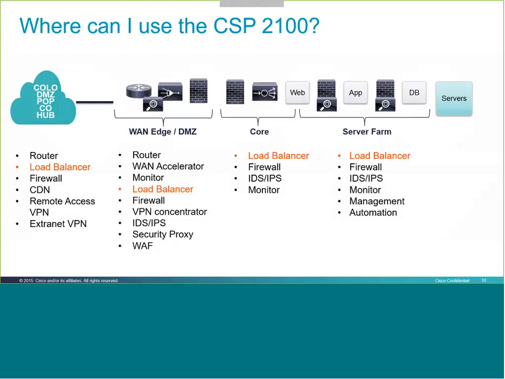The DMZ may also be at the WAN edge of your data center, so that's another particular spot for it. And then within the core of your data center, or even in the server farm for east-west traffic. So there are numerous use cases for both the CSP and load balancing today.